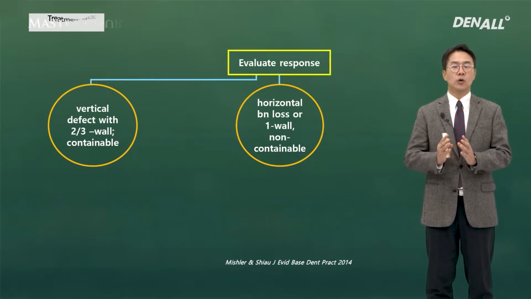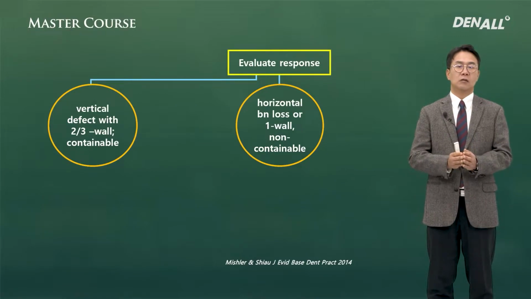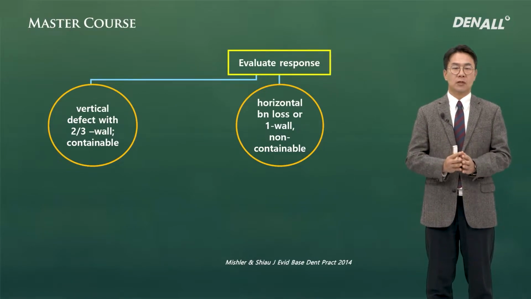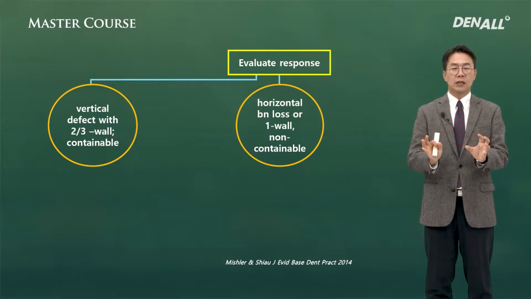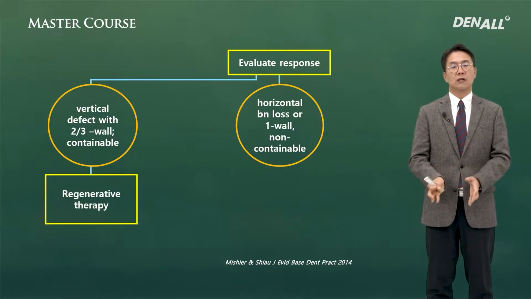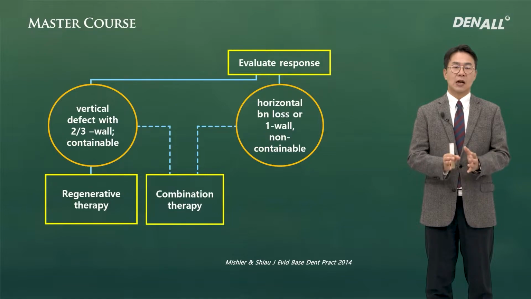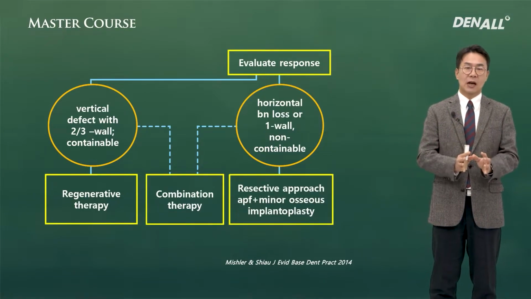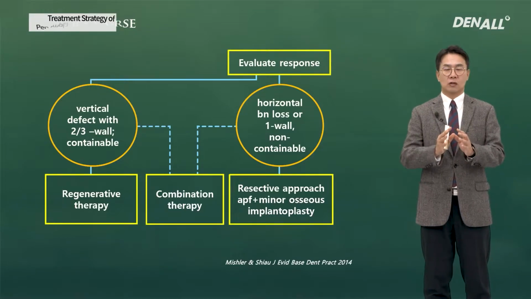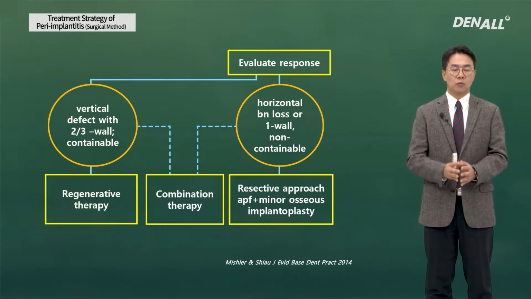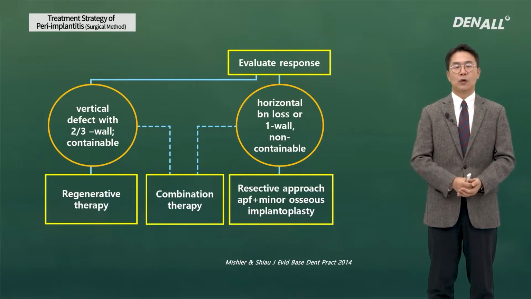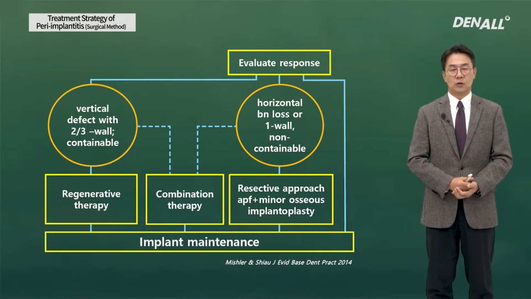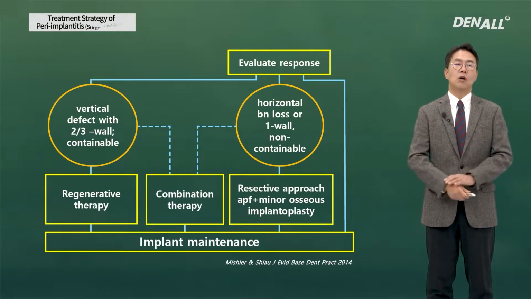If it is not, you need to figure out what is the reason behind it. You need to check if the cause is due to horizontal or vertical bone loss. And then, depending on the cause, determine whether you're going to do regenerative or resective surgery, or whether you're just going to clean it. You need to make such decisions, and after that, if the disease stopped progressing, we need to do maintenance treatment in order to prevent recurrence.